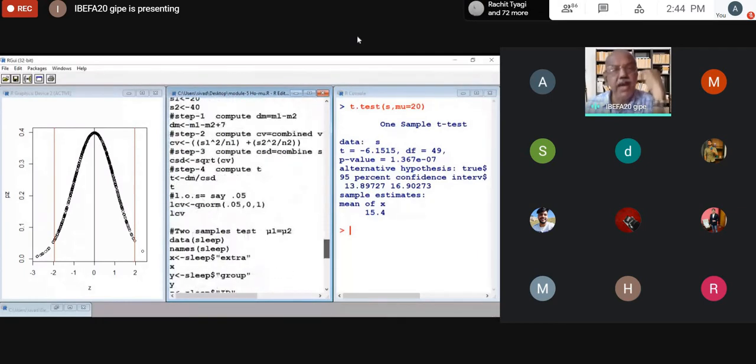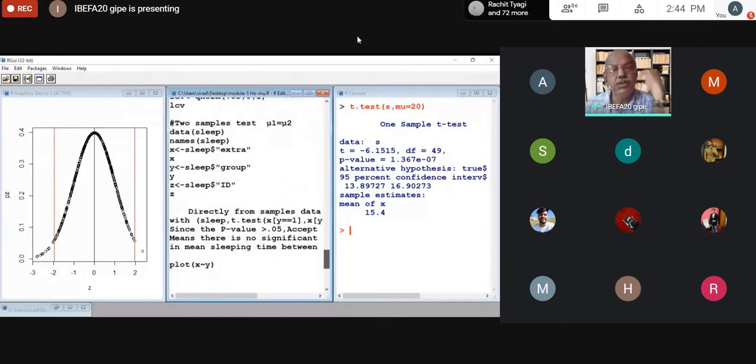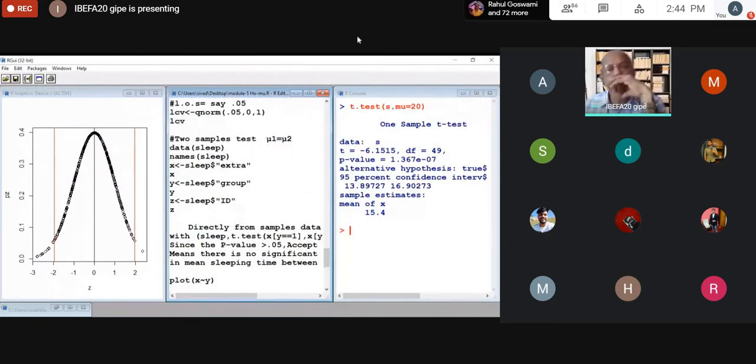Both examples we have done by the critical value approach.